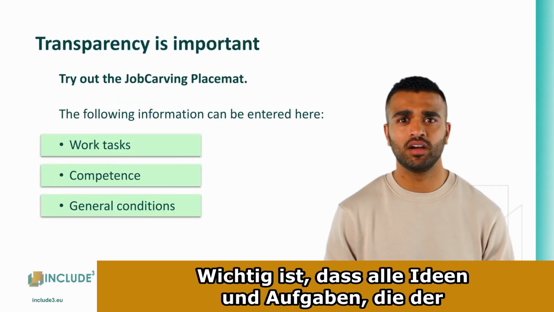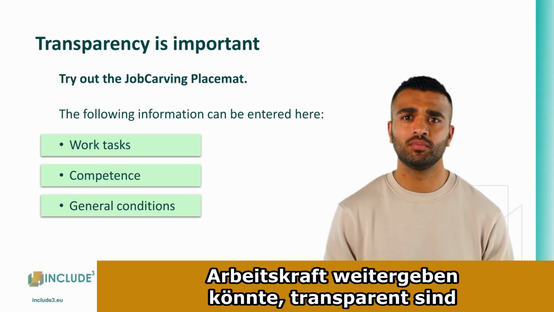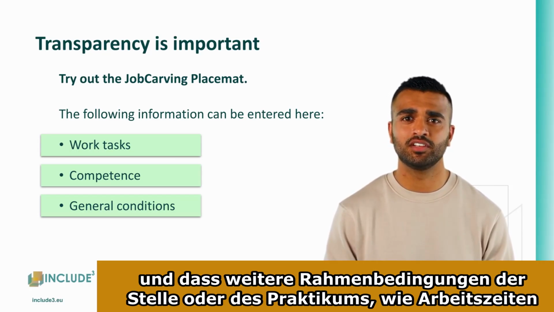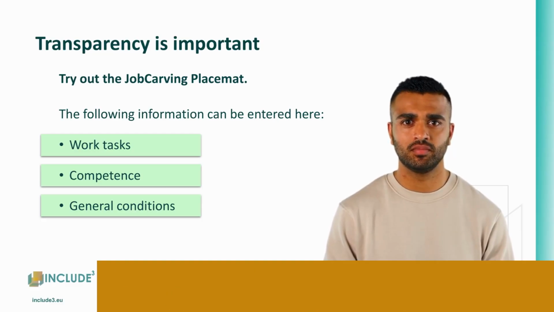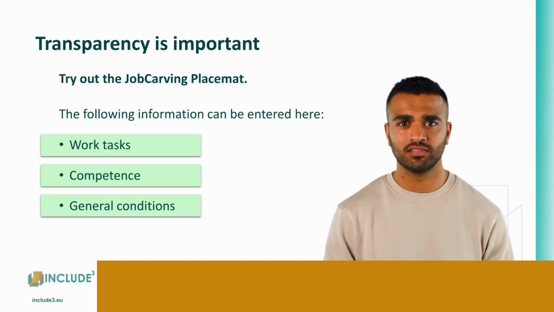It is important that all ideas and tasks that the employer could pass on to the future employee are transparent and that other general conditions of the position or internship, such as working hours or support requirements, can also be recorded. We have prepared the job carving placemat as additional material for this.